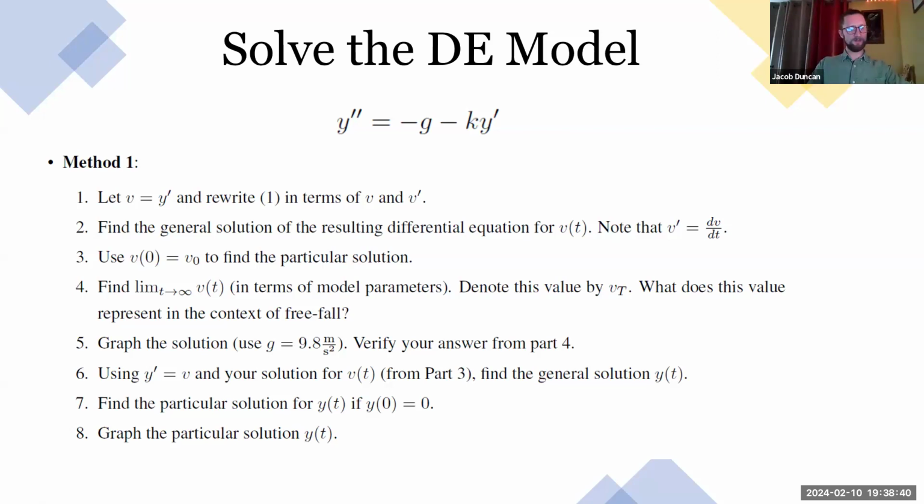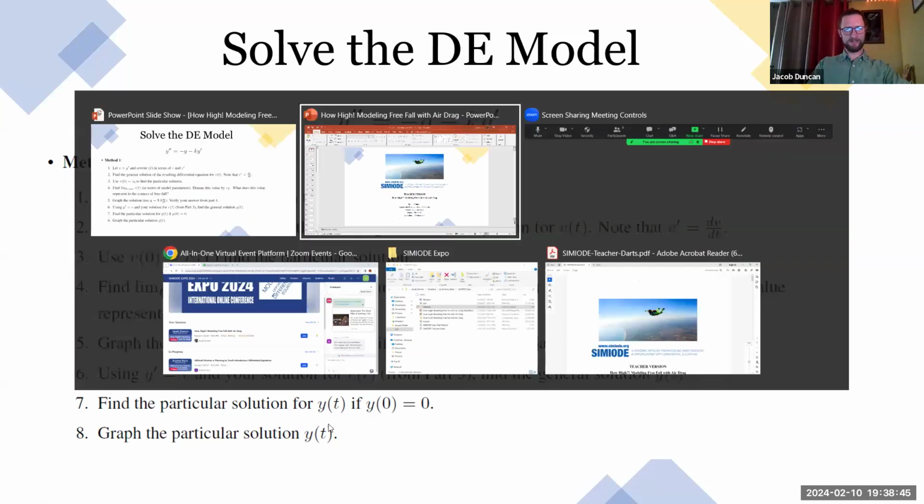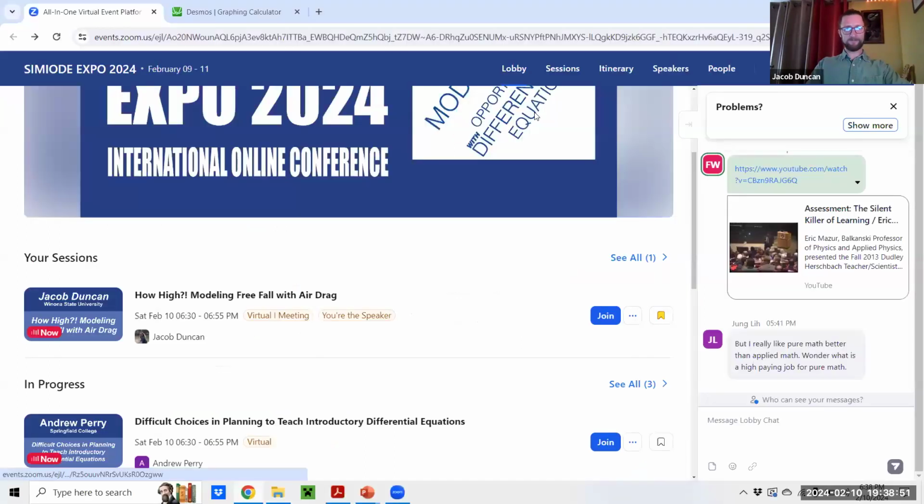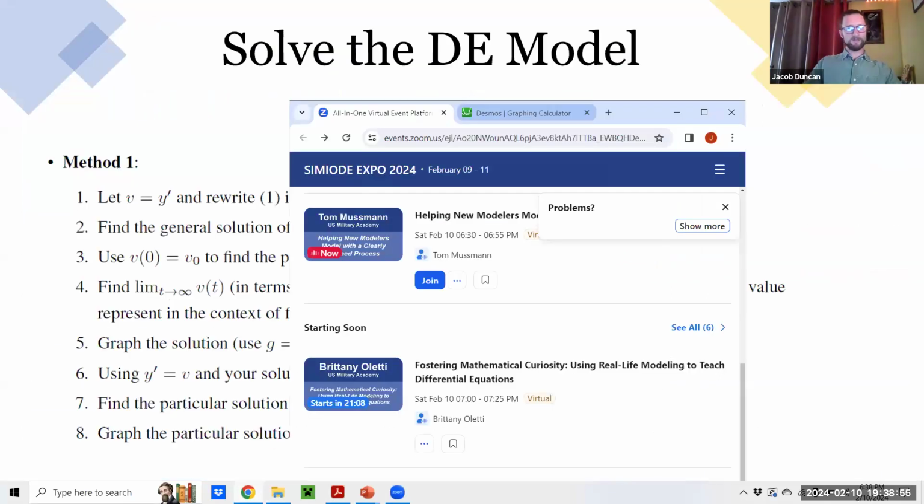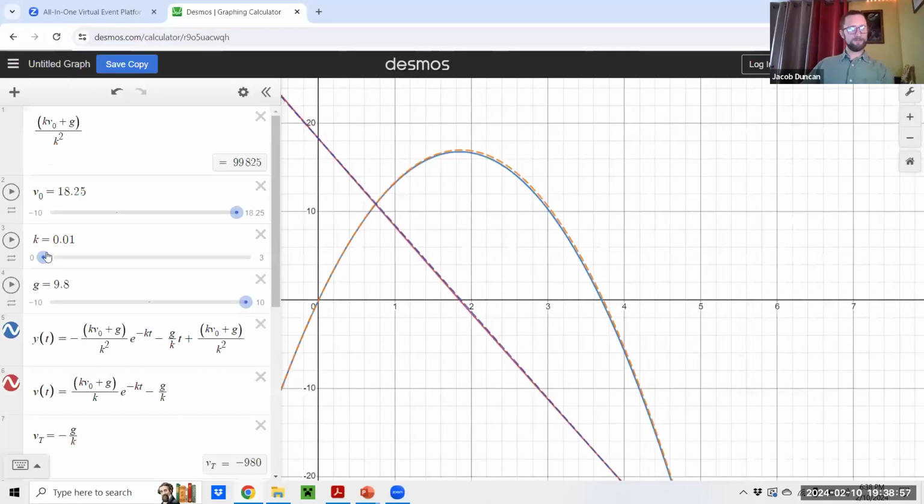And I was actually going to bring that up. I'm not sure if I'd be able to easily here. Yeah, I guess there it is. So there's a parameter for the drag coefficient k.